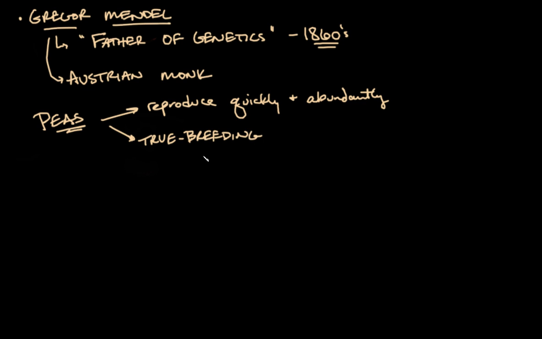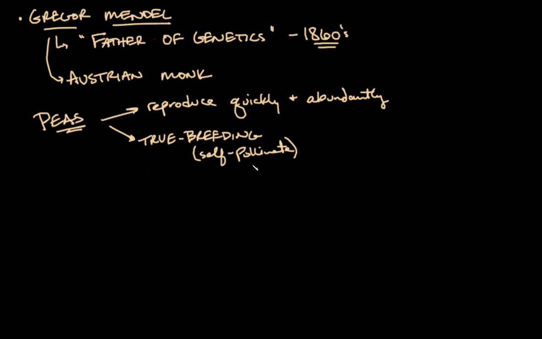Which meant that in some ways they were able to self-pollinate, and we could actually collect data pretty well, pretty quickly. And basically, true breeding is that it was self-pollinating. You could get the same traits out of a plant every time.